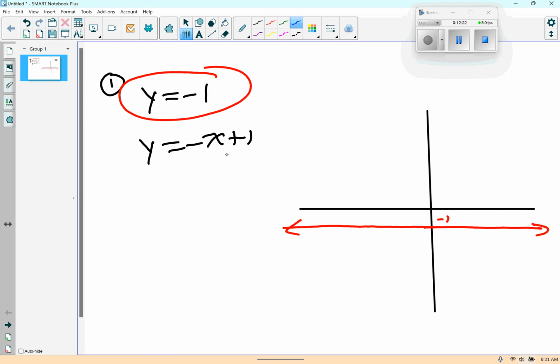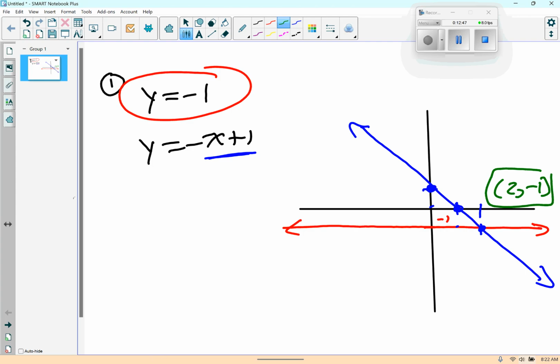For this particular equation, I know I have a y-intercept of +1 right there, and my slope is down 1, right 1. And if I go down 1, right 1 more, I'm going to see where those intersect. So go ahead and connect your dots. So it appears on this one, we have a solution of 2, -1. And remember, you can plug those back in to double check, but we can take care of that later.